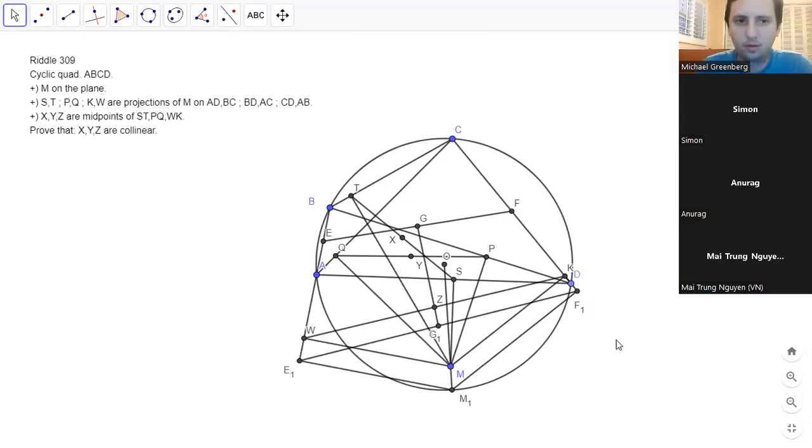If you take another G2 and G3, then we have the same ratio. So you define G2 and G3 in a similar way. Yeah, and let me write it down in the chat.